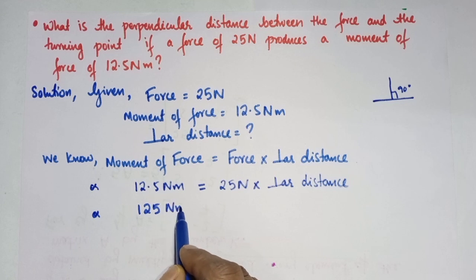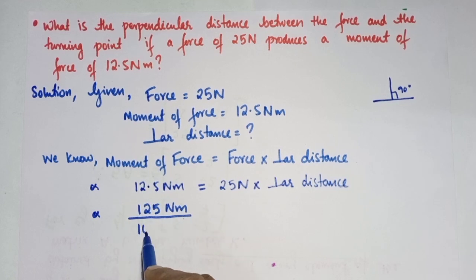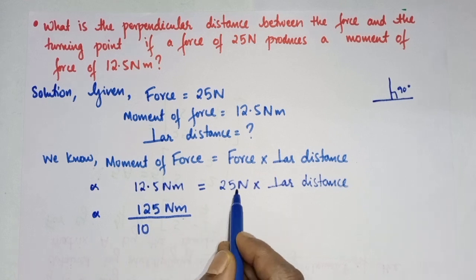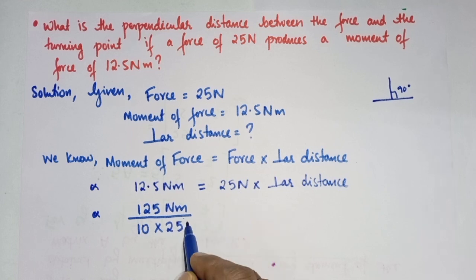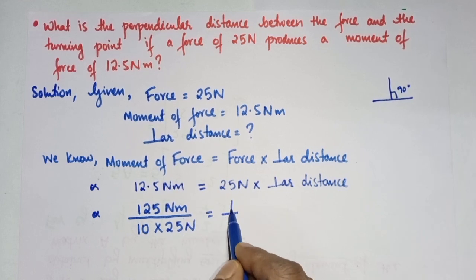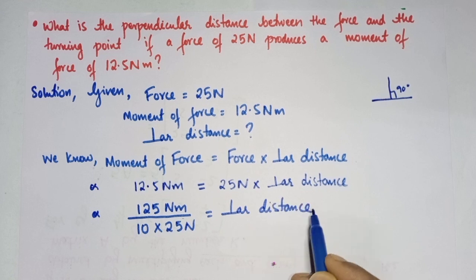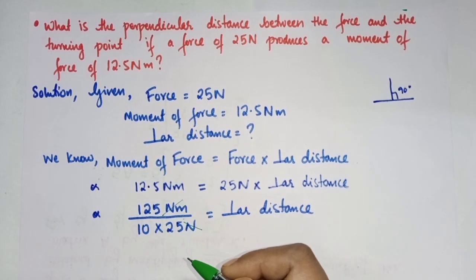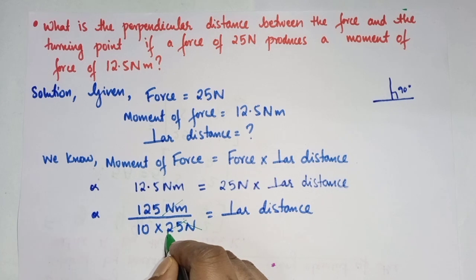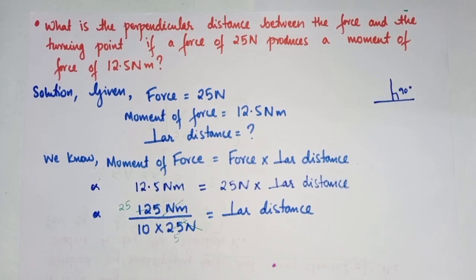Now you can see the point is there in 12.5 Newton meter. When I remove the point, 10 will come down, so it becomes 125 upon 10 Newton meter. Now this multiply, when it goes across, it will be divide, so divided by 25 Newton equals perpendicular distance. You can see the Newton gets cancelled. Now 5 5s are 25, 5 2s are 10, 5 5s are 25.